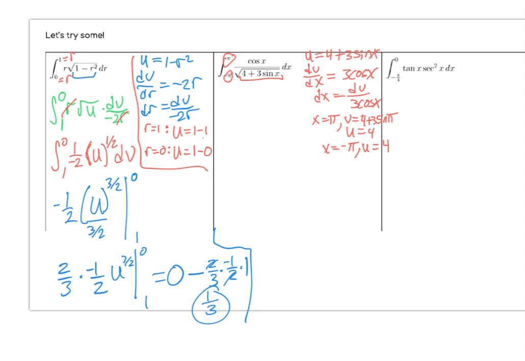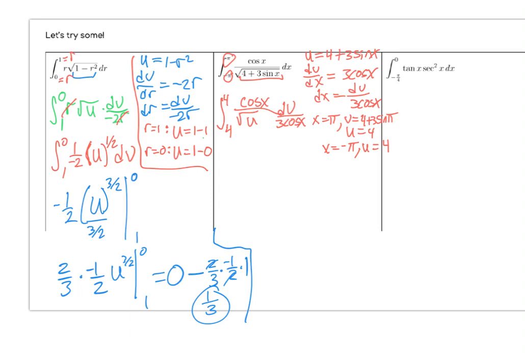And we end up with kind of a weird thing, where before we even dive into this, we're going to go from 4 to 4 of cosine x over the square root of u du over 3 cosine of x.